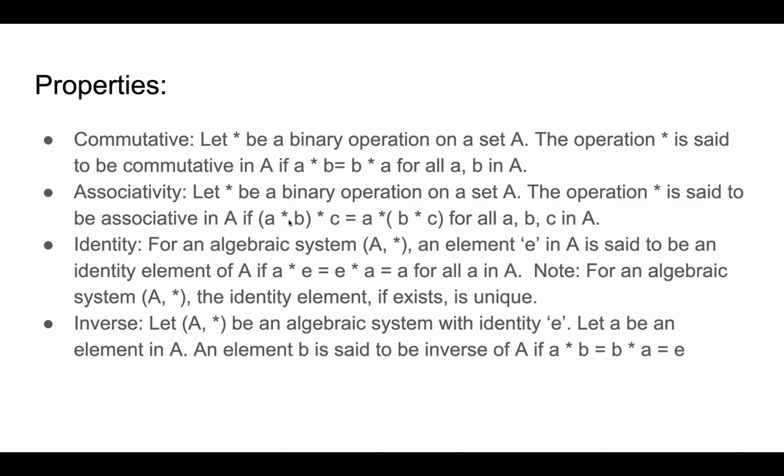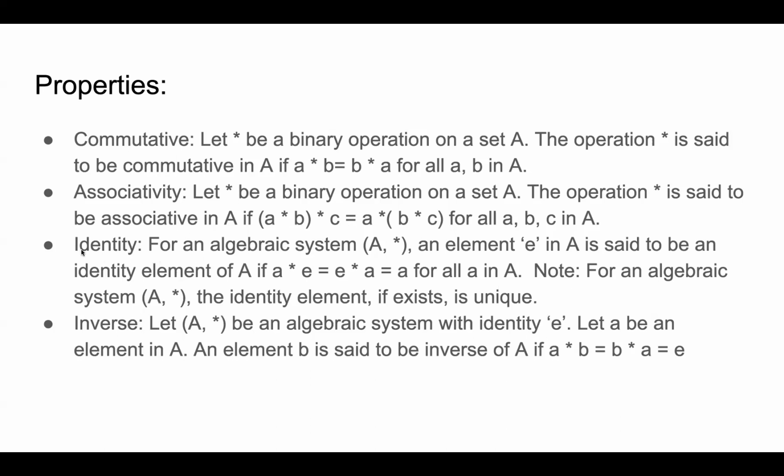Again, as I told, addition and multiplication are associative operations for all A, B, C in A. Whatever the elements, if we change the grouping, it doesn't matter to the result. Okay, it doesn't affect the result.